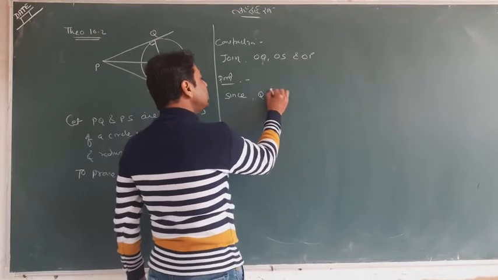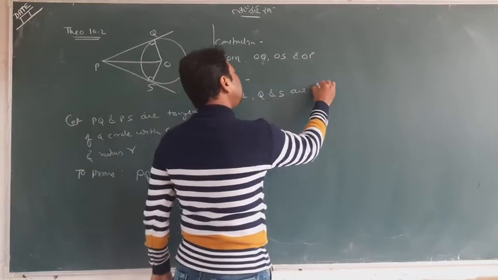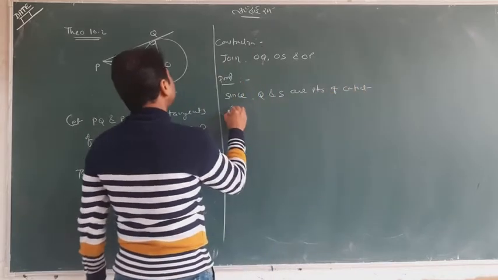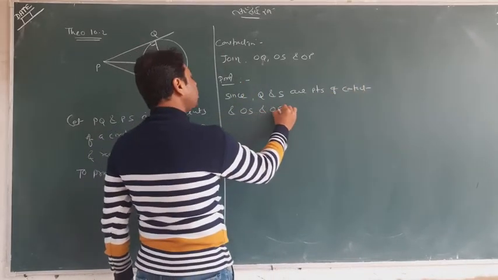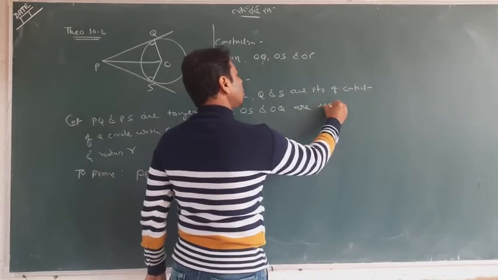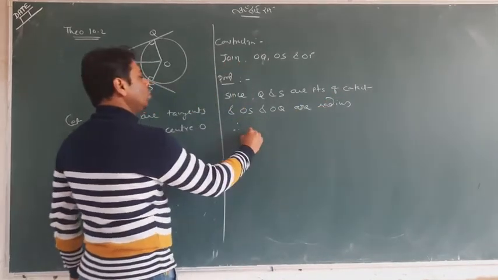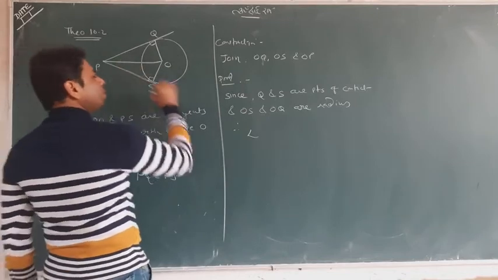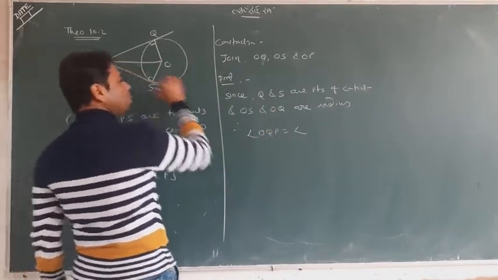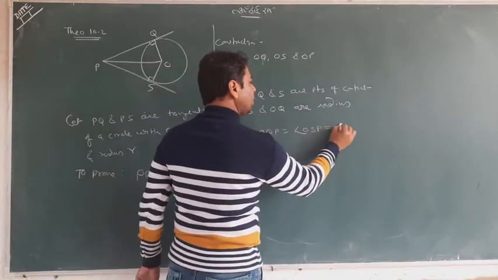Let Q and S be points of contact, and OS and OQ are radii. So angle OQP and angle OSP, by the theorem, are both 90 degrees.